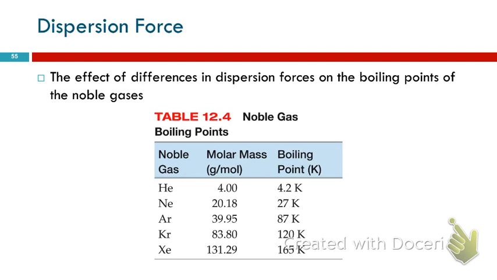You need a lot of kinetic energy. So in order for that substance to boil, you have to have a high temperature, much more energy. So we can see that boiling point reflects the strength of the intermolecular force. Helium is the smallest, it has the lowest boiling point. As the mass, the size of these atoms increase, the boiling point increases as well. Any questions?